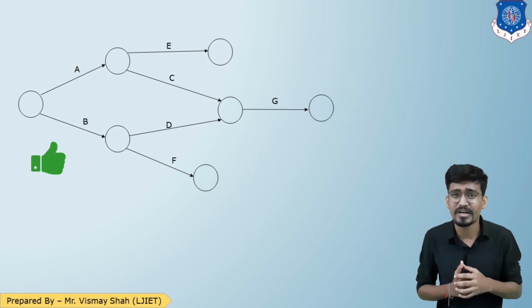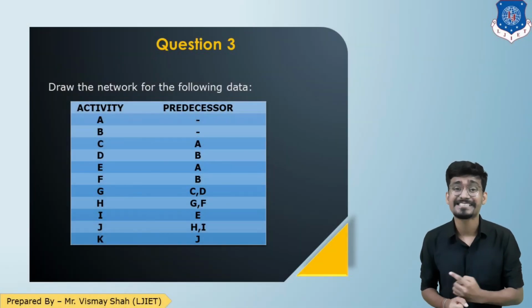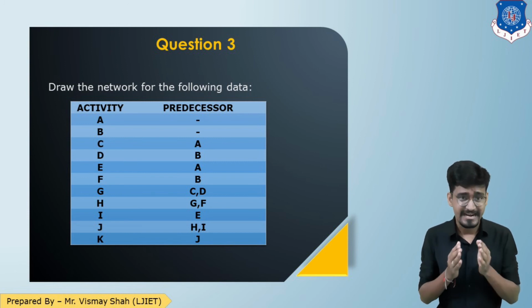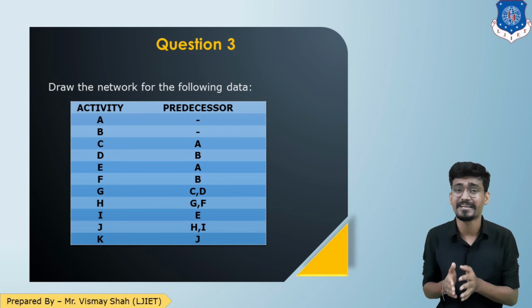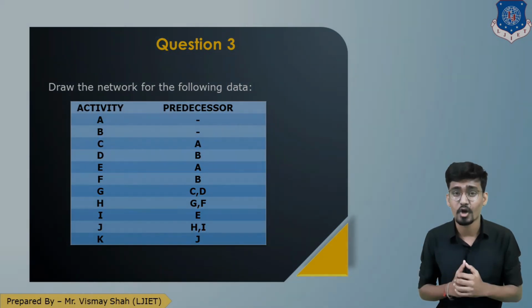Let us come back to the question and read another data. The next data is activity H having predecessor activity G and F. Let us draw that.